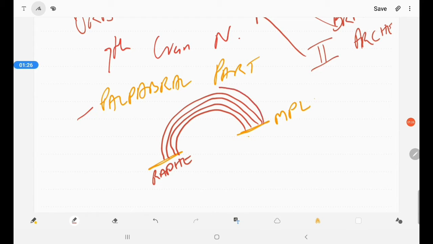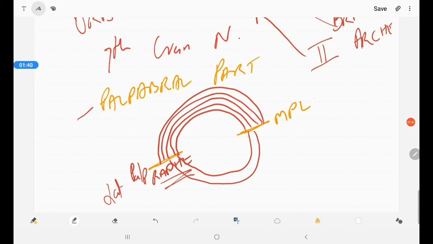Starts from the medial palpebral ligament and ends at the lateral palpebral raphe. There are also fibers around the inferior lid. That also starts from the medial palpebral ligament and ends at the lateral palpebral raphe.